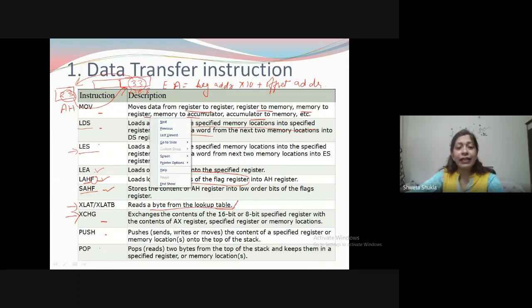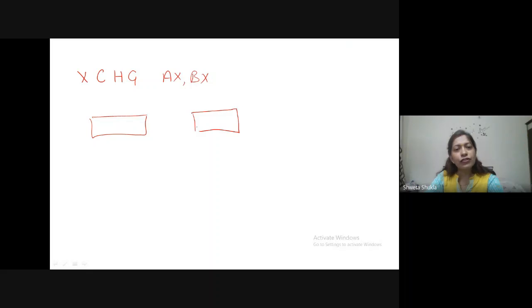For example, suppose you have written XCHG AX, BX. That means the content present in the AX register will be transferred to the BX register. Suppose AX has 2345 and BX has 3500.